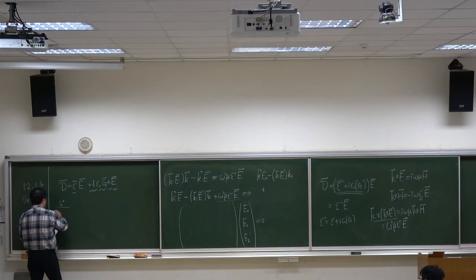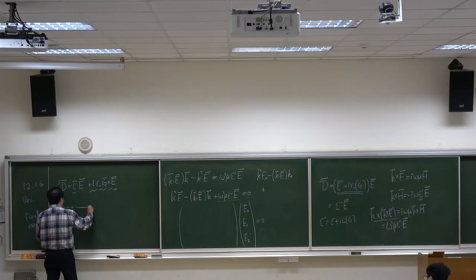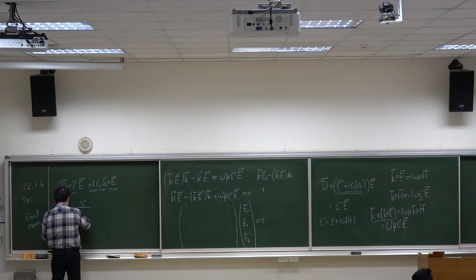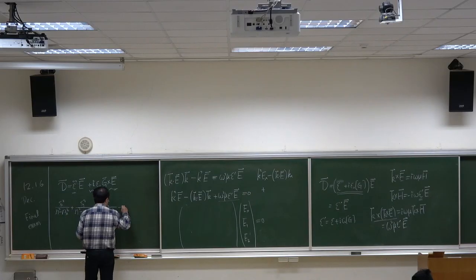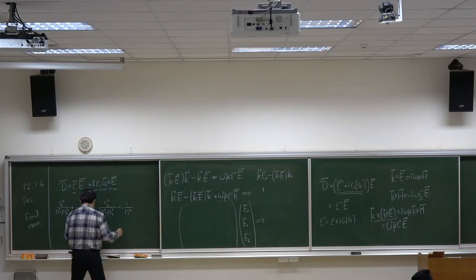Sx squared over n squared minus nx squared plus sy squared over n squared minus ny squared plus sz squared over n squared minus nz squared, minus 1 over n squared.